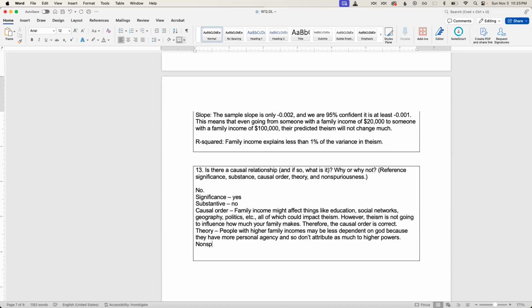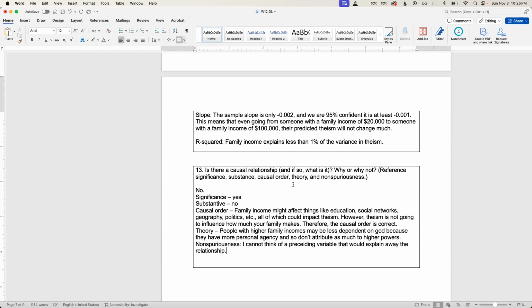And then non-spuriousness. So is there something that might come before family income that would explain away the relationship between family income and theism? Parents' family income? I don't know. I'm going to say that I cannot think of a preceding variable that would explain away the relationship.